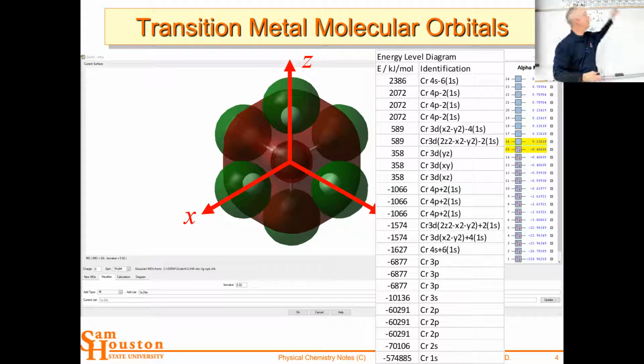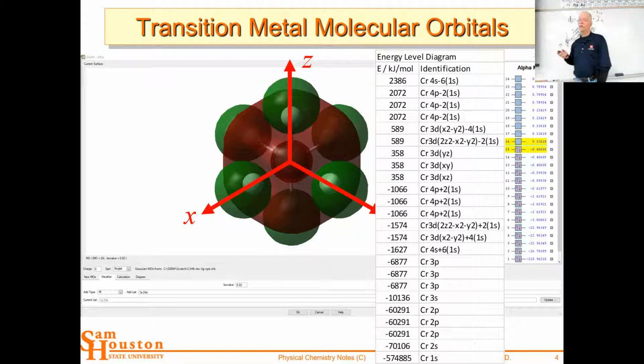If you look where chromium is, it's right here in the D block. So we have the 1s, the 2s, the 3s, 3p, the 4s, and then we have the 3d. Everything up to argon is going to be in the core electrons, and those don't participate in bonding. Now that's a claim. We're going to see that revealed here with this Gaussian calculation. We're going to go from the 1s all the way up to the valence band where all the bonding's happening.